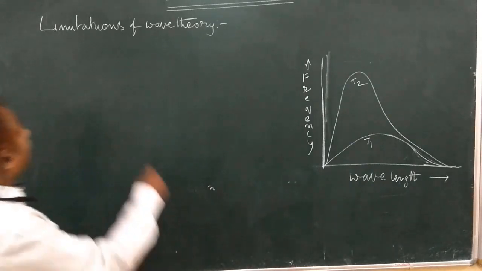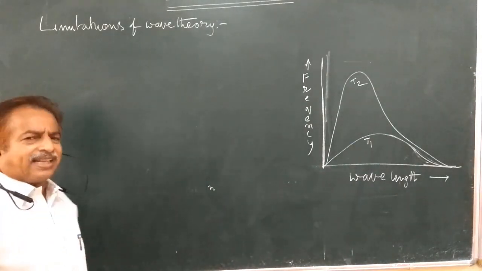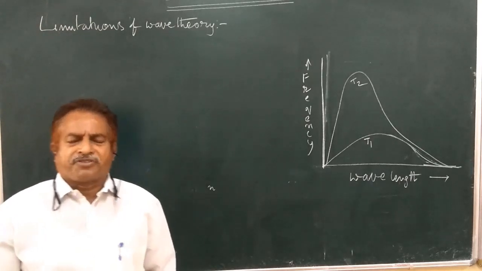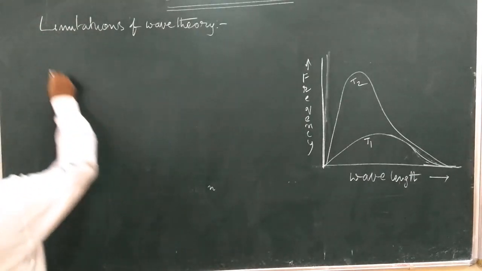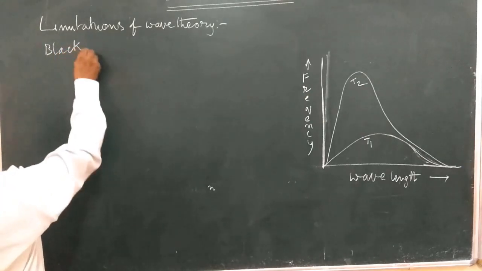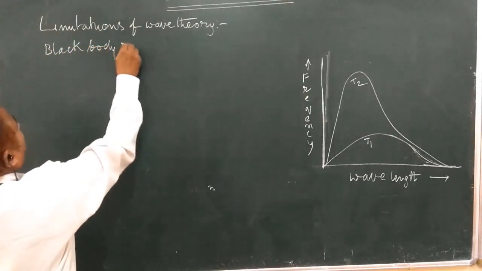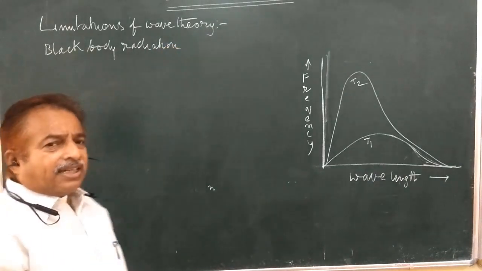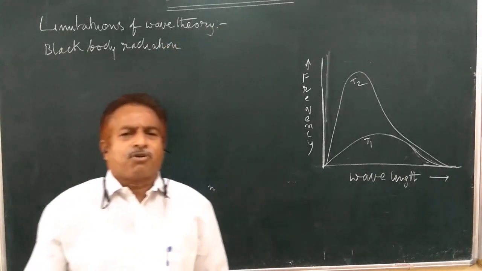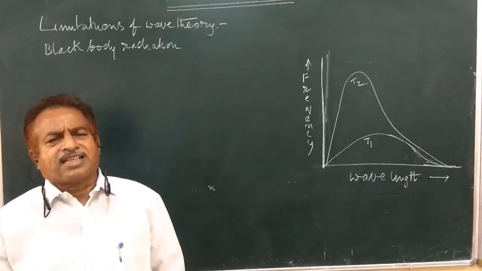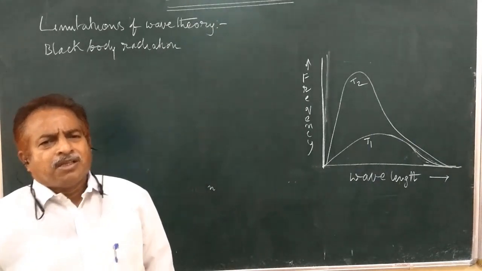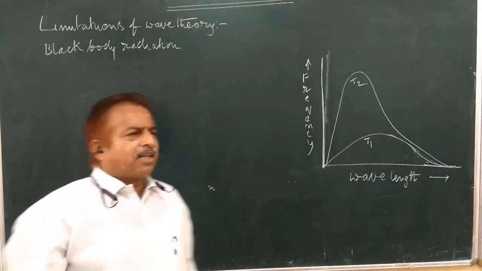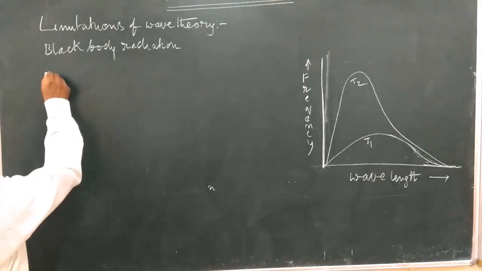That is, wave theory could not explain the black body, that is the nature of emission of radiation from hot bodies, black body radiation, and it could not explain the photoelectric effect, that is the ejection of electrons when radiation is incident on a metal surface.